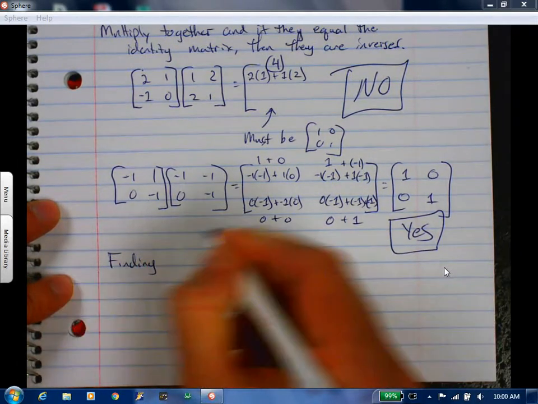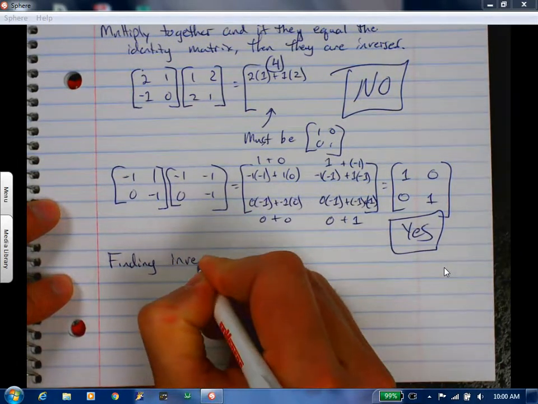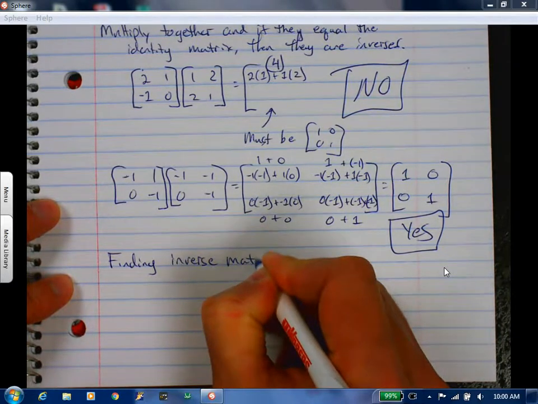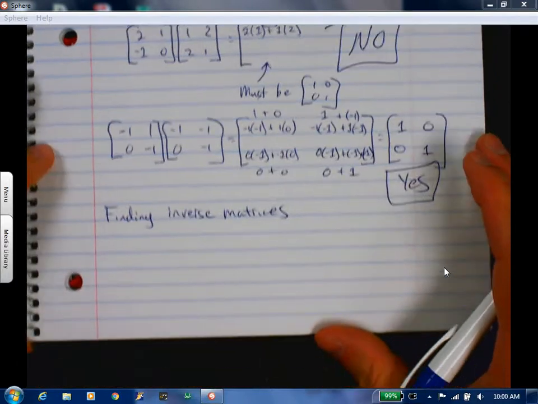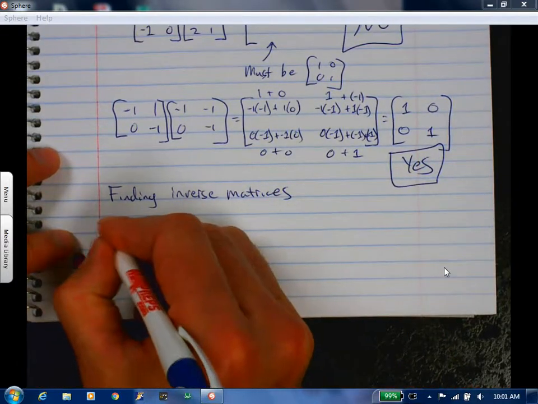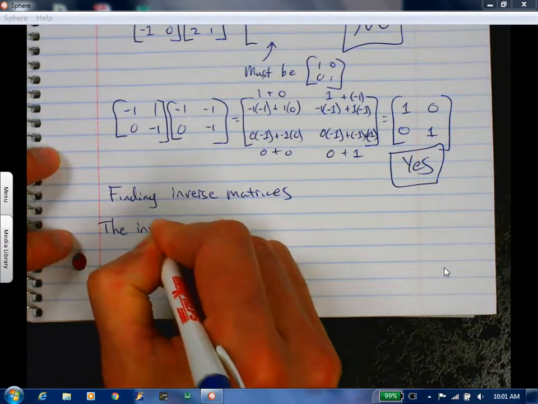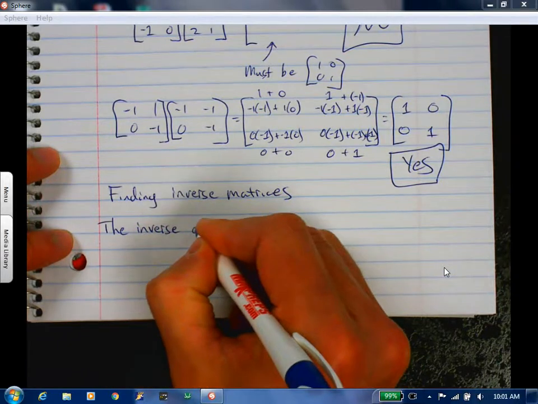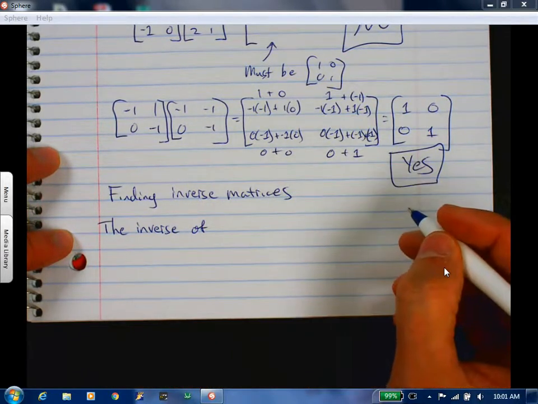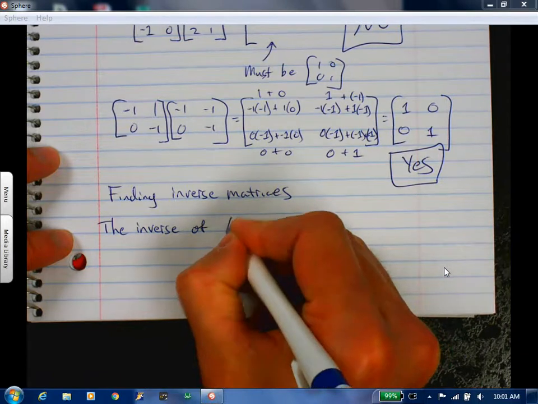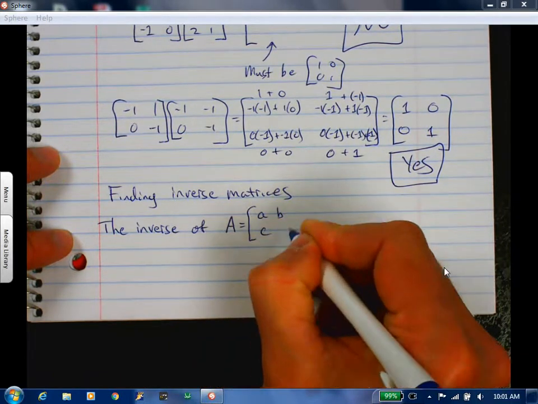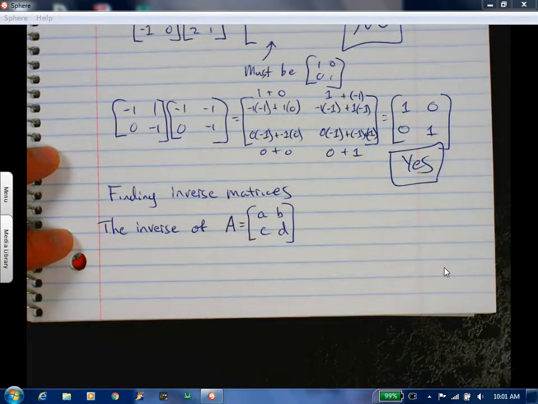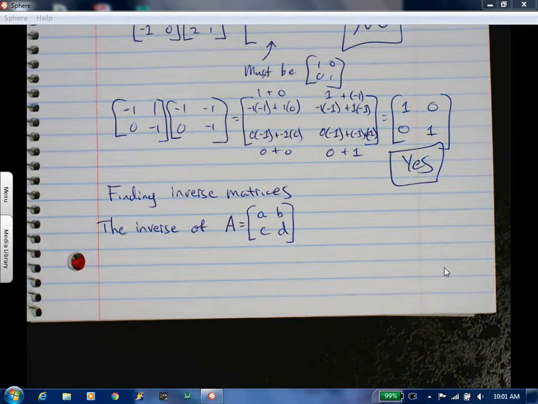Okay, so now finding inverse matrices. Here's a formula. I'm going to use letters since it's a formula. We have matrix A, and it's going to be lowercase a, b, c, d.